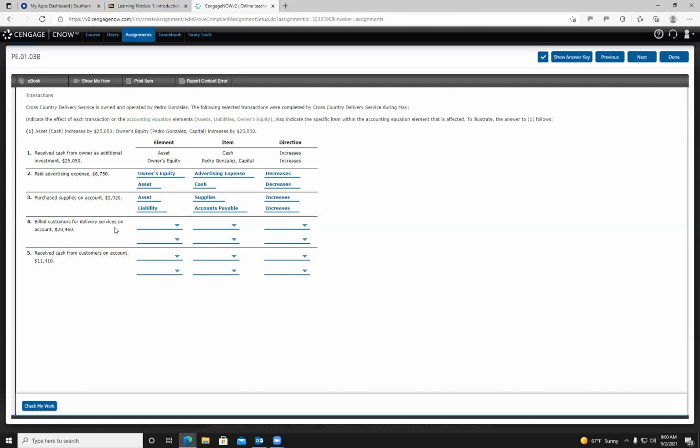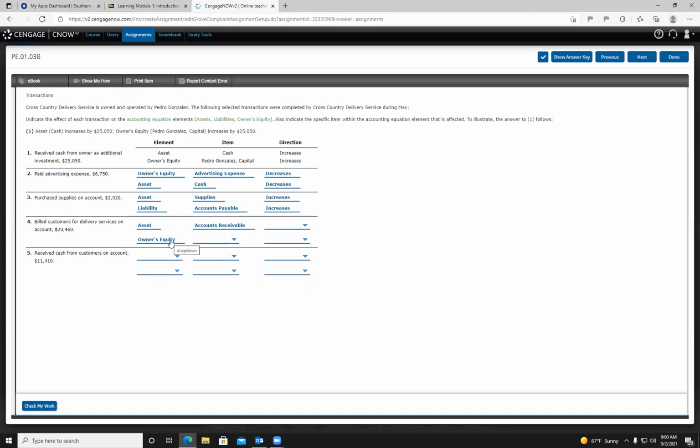So what we're affecting here is assets and owner's equity again. So we have asset and we have owner's equity. Okay, so why is it affecting asset and owner's equity? So first of all, if we are providing a service and allowing them to pay us at a later date, then we are creating an accounts receivable. Money that we know we are going to receive at a later date. Accounts receivable is an asset.